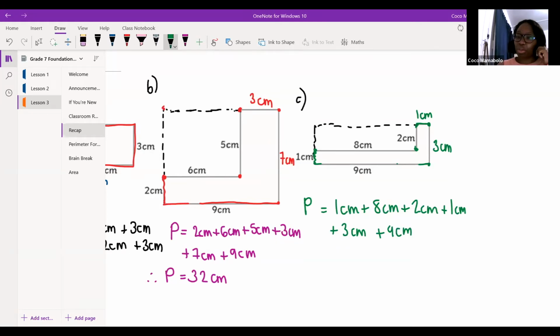I don't miss the 1 centimeters anymore. I was just like, I cannot forget my 1 centimeter. I left it out last time. I'm not going to let it happen again. Therefore, P is equal to 24 centimeters. Excellent. All right. I'm loving it, guys.